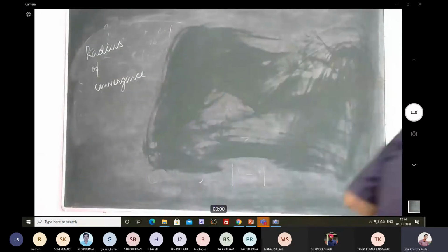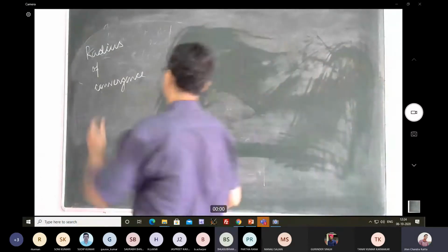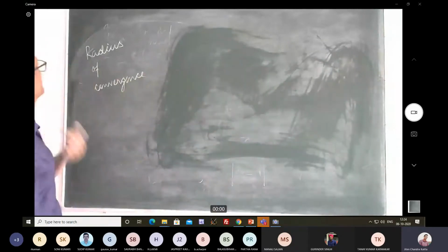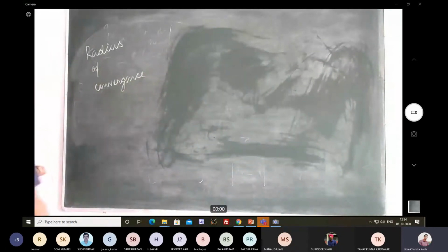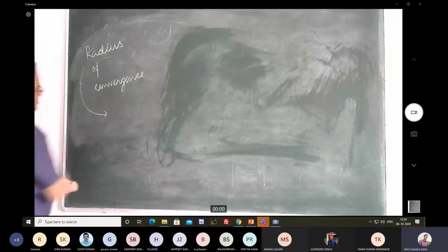Okay, since you guys are silent, it seems to me that you guys are not really confident about this infinite series. Okay, so fine, radius of convergence.